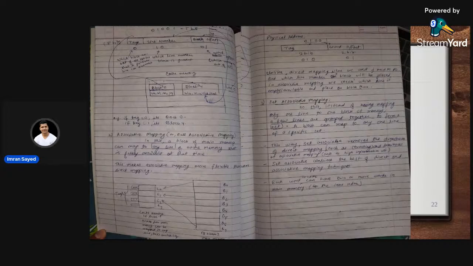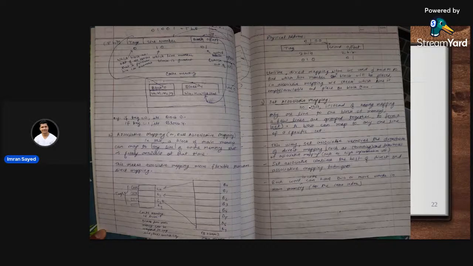So unlike the direct mapping where we use the J mod M formula to find out which block refers to which line, here you don't have anything like that, because any block can be mapped to any line. So you don't have to use any formula for calculating. Whatever the lines are available, that's where the block will be placed.